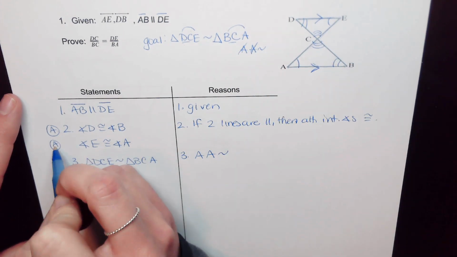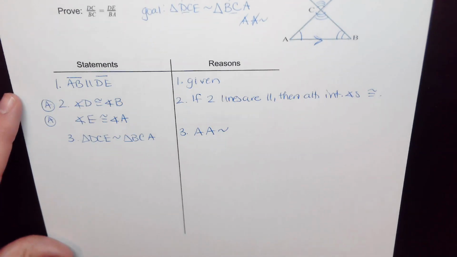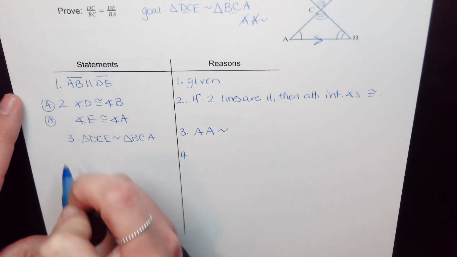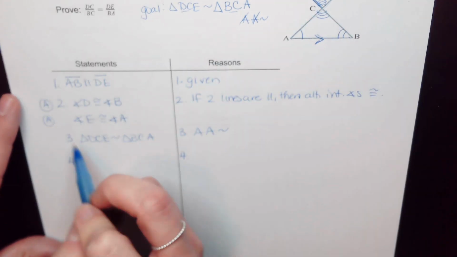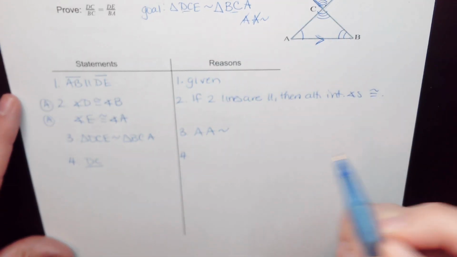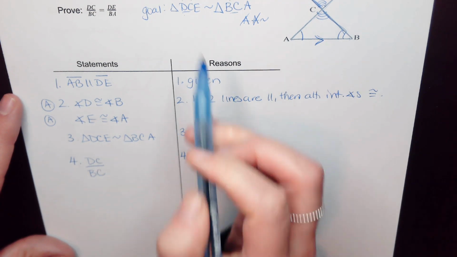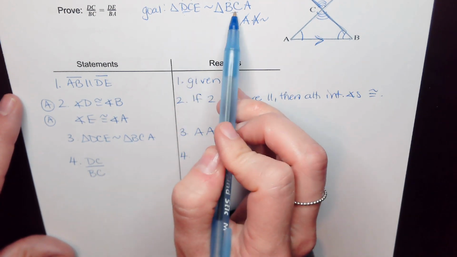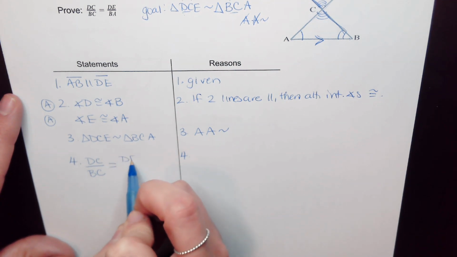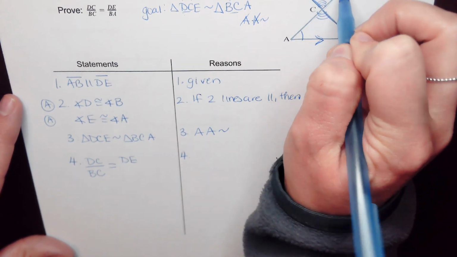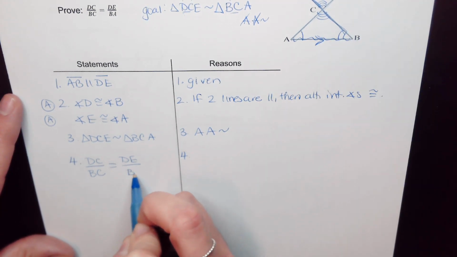And we had both of those angles right here. All right, so now I can say that side DC over side BC, so those are corresponding sides, the first two letters in each, is equal to segment DE, which is this side, over segment AB or BA.